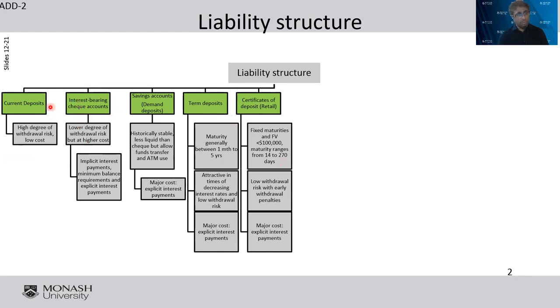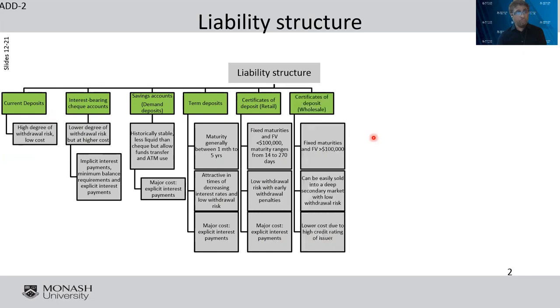Now, when we are talking about this structure, we are talking from the perspective of the liquidity risk. The major cost, of course, is the interest you are paying for this type of liability product. We have also certificate of deposit, but we call it wholesale. This is a big amount, which is 1 million and above, and can be easily sold into a deep secondary market.